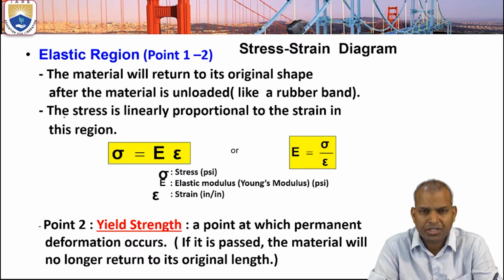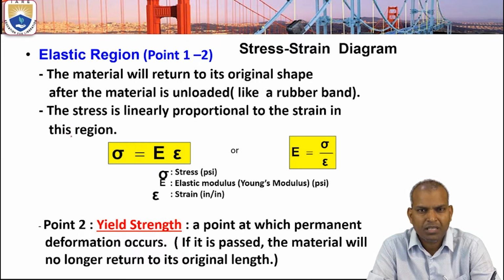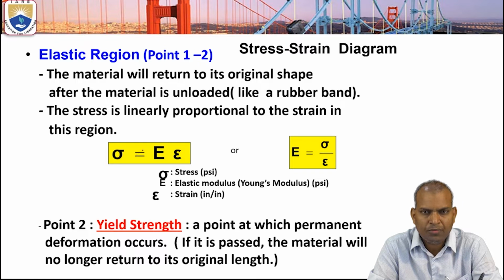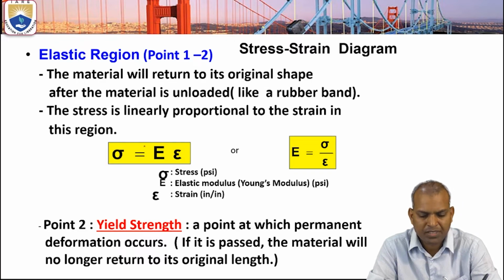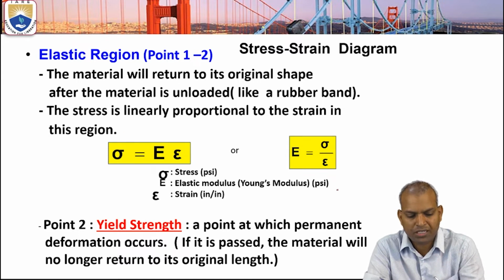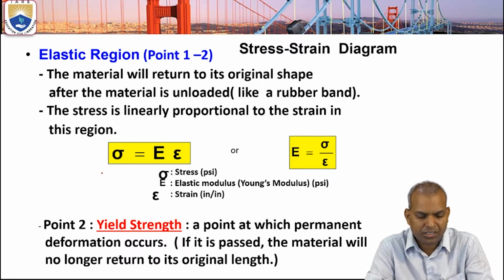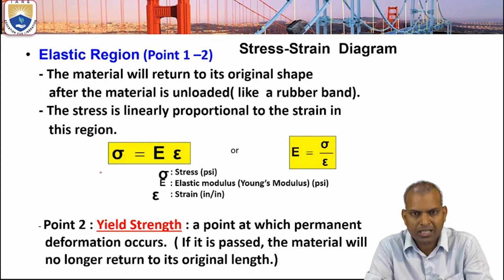In this region, the stress is linearly proportional to the strain, that is, sigma equals modulus of elasticity times epsilon, where epsilon is the strain. Then E equals stress by strain, where sigma is the stress and E is the elastic modulus or modulus of elasticity.